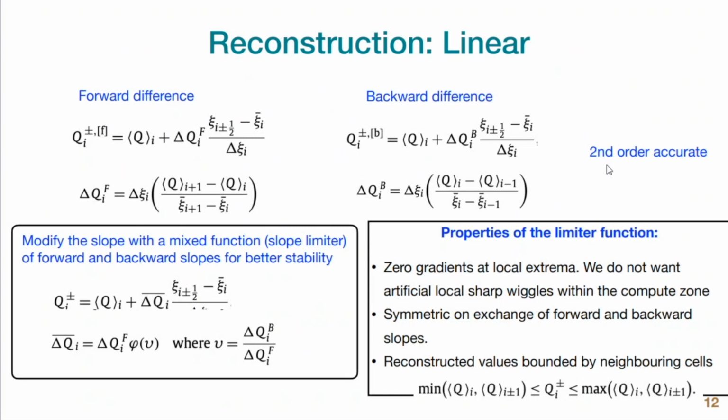The constraints for choosing the functional form of phi p: there should be 0 gradients at local extrema, you don't want to introduce more extrema, it should be symmetric on exchange of forward and backward, and the reconstructed values should be bounded. For example, your qi plus minus 1 should not overshoot the values of the averages of the two neighboring cells.